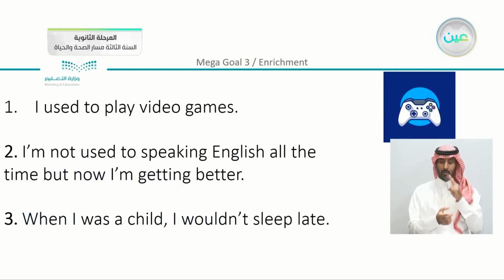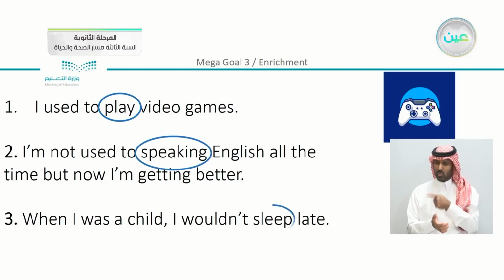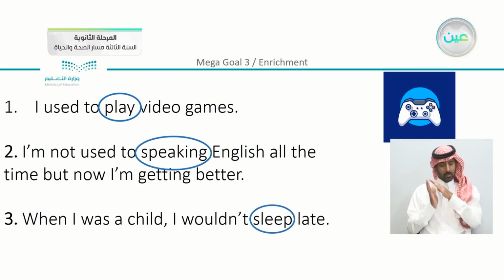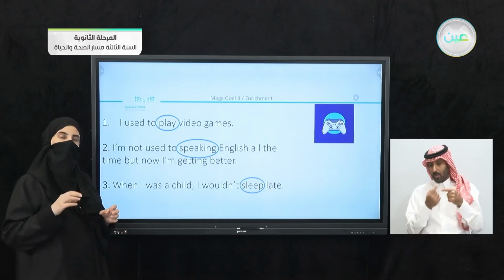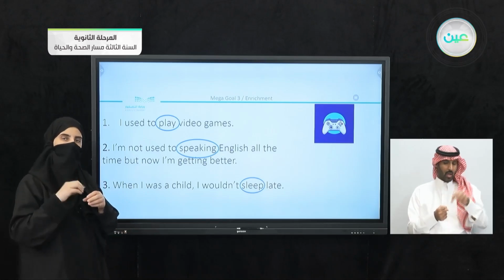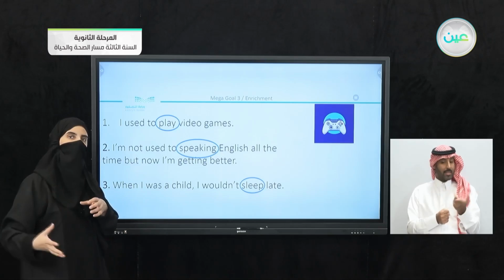Now let's just change here in the sentences. I used to play video games. Now we can say here that we have play. Now, I'm not used to speaking English, and we have, when I was a child, I wouldn't sleep. So this is just a reminder to concentrate on the word that follows.